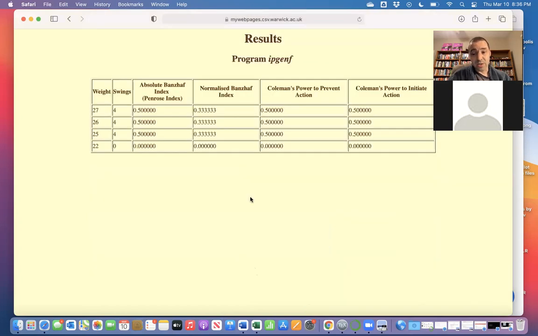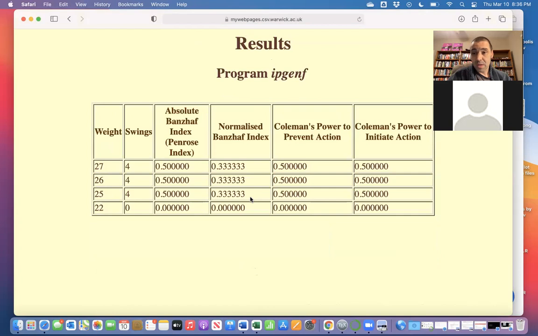Now, when I do that, it's going to show me a bunch of stuff. Penrose index. What's that? Who cares? All we care about is this column. And this is in the handout. It tells you just look at this column. That's all you care about. So there's my third value, my 33% for A, 33% for B, 33% for C, and then poor D gets nothing, 0%.